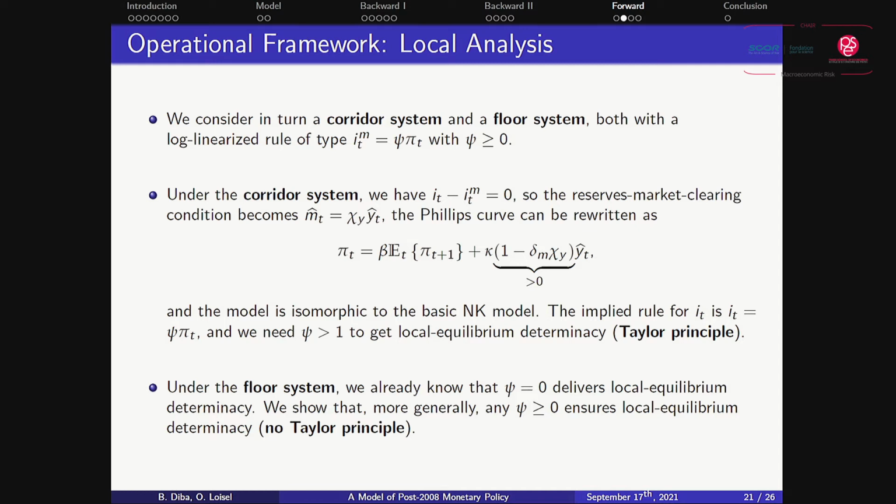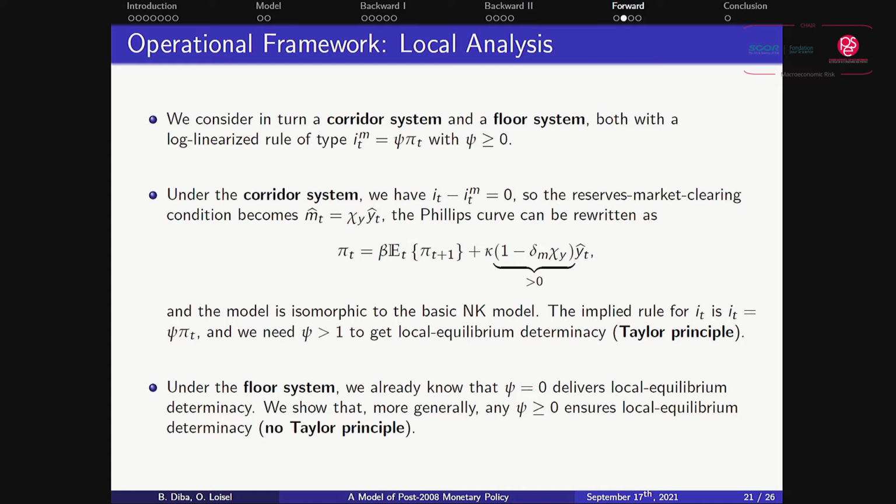and you have again a rule for the IOR rate. We show that under the corridor system, actually, we have a model that is isomorphic to the basic New Keynesian model. So in particular, we have the Taylor principle.